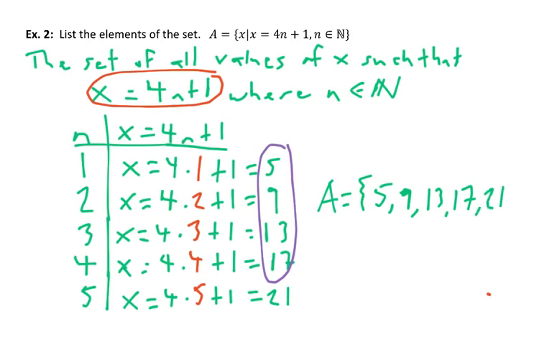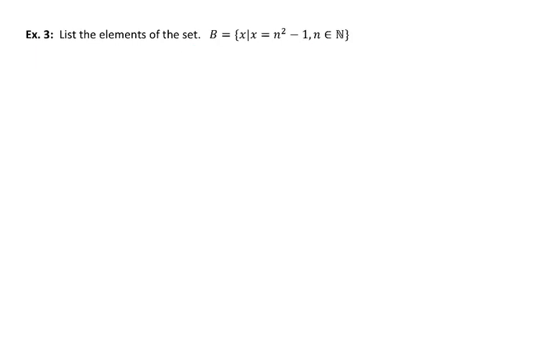The next number would be 25. And this continues on and on. Almost ran out of room for my set notation right there. 5, 9, 13, 17, 21, 25. So set builder notation allows us to describe a set in a pretty elaborate way.